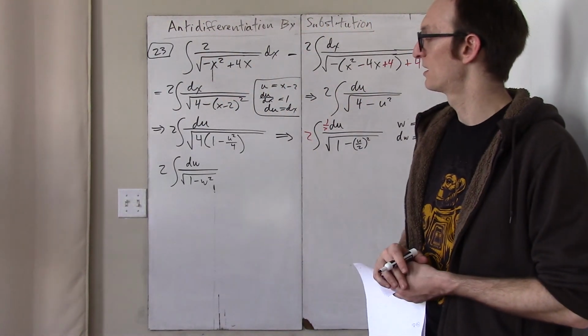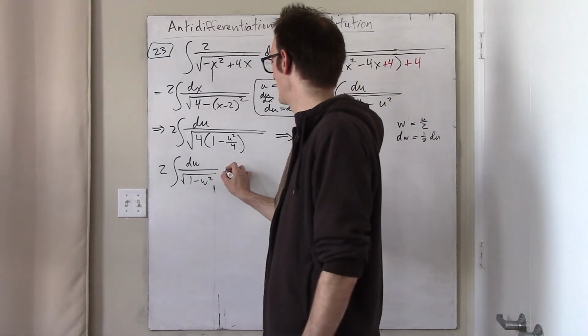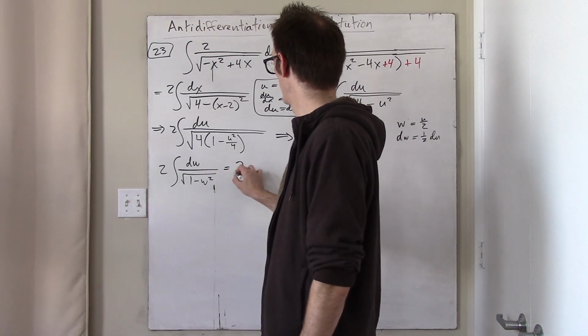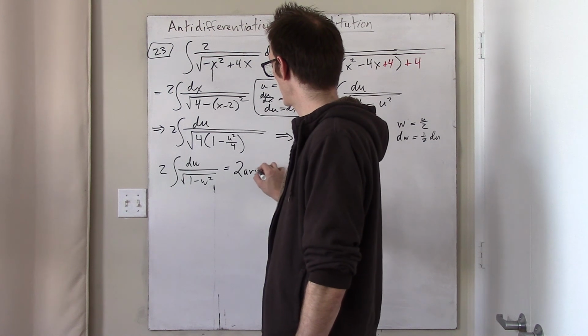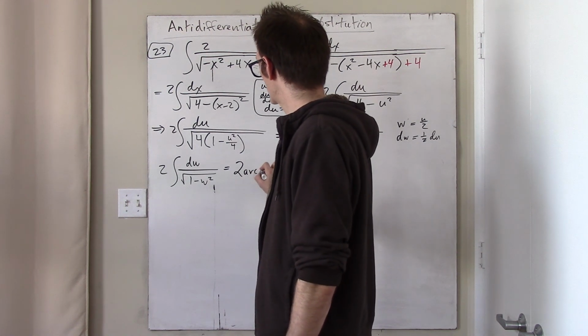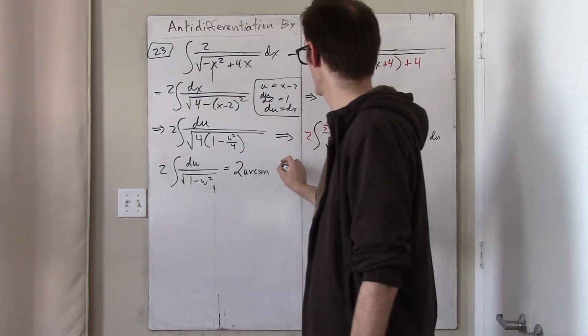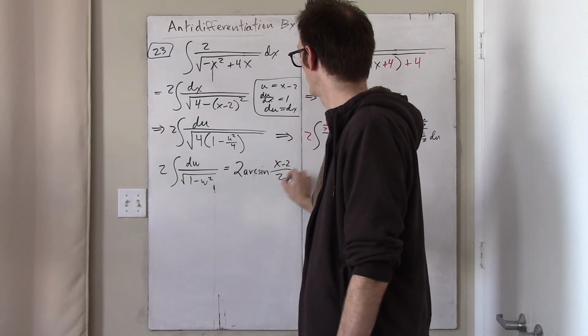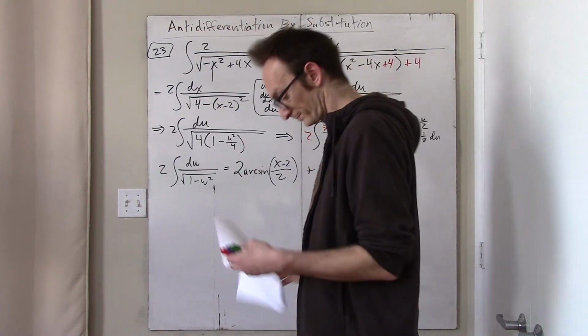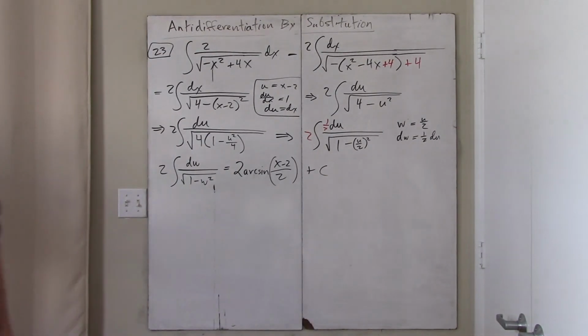That is arcsine w, and that's why we get 2 arcsine w, but w is really u over 2 and u is x minus 2, so it's 2 arcsine of x minus 2 over 2, plus c.